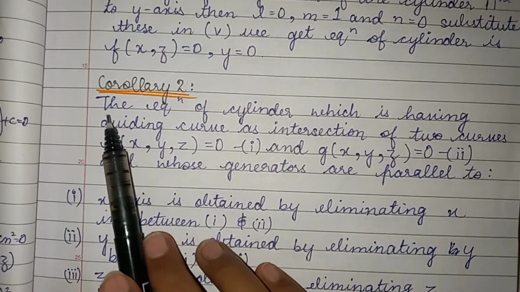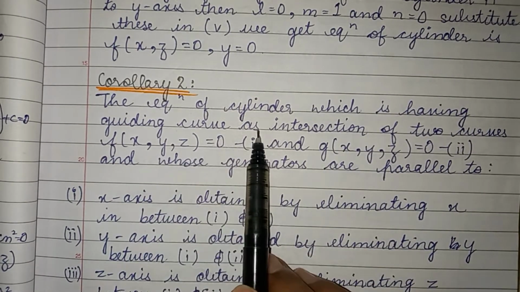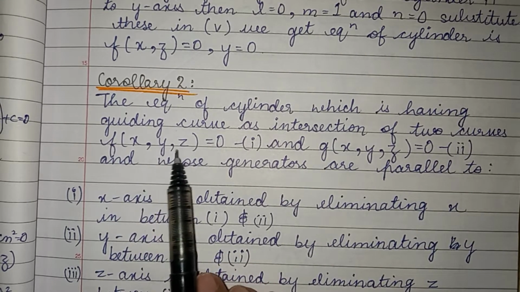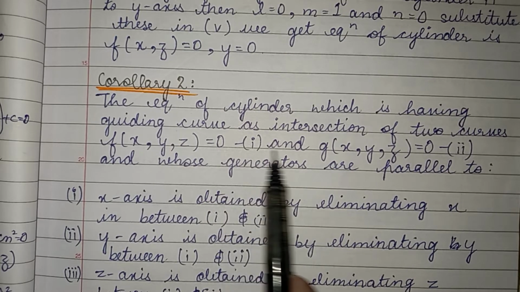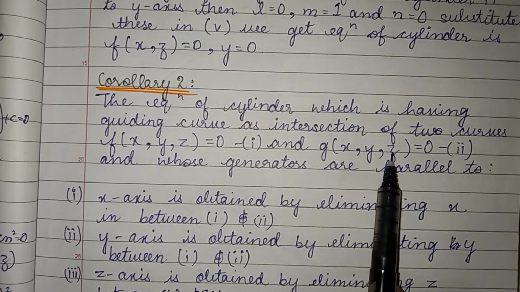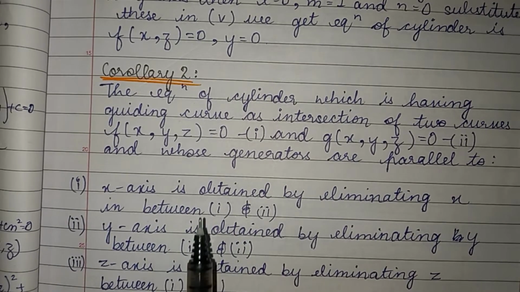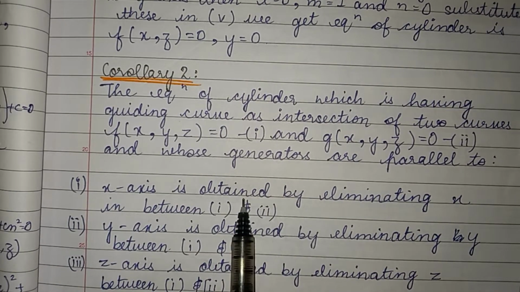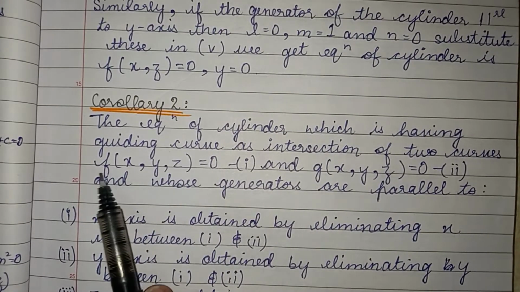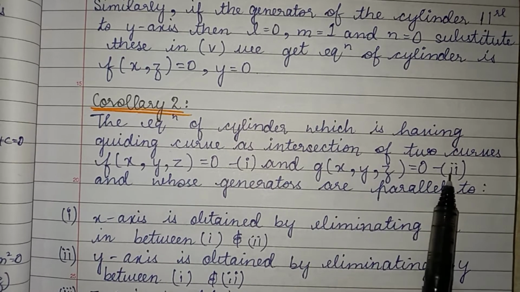Now coming to corollary 2, the equation of the cylinder which has a guiding curve as the intersection of two curves, f x y z is equal to 0, this is the first curve, and the second curve is g x y z is equal to 0, and whose generators are parallel to the x-axis, is obtained by eliminating x between 1 and 2, means between f x y z is equal to 0 and g x y z is equal to 0.